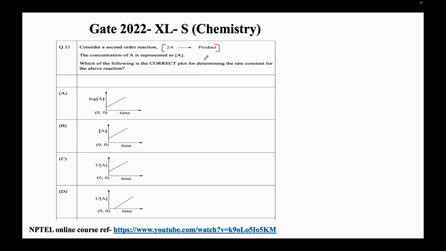We'll consider this reaction as the example: 2A giving us product P. This is the reaction in the question, and this is a second order reaction.